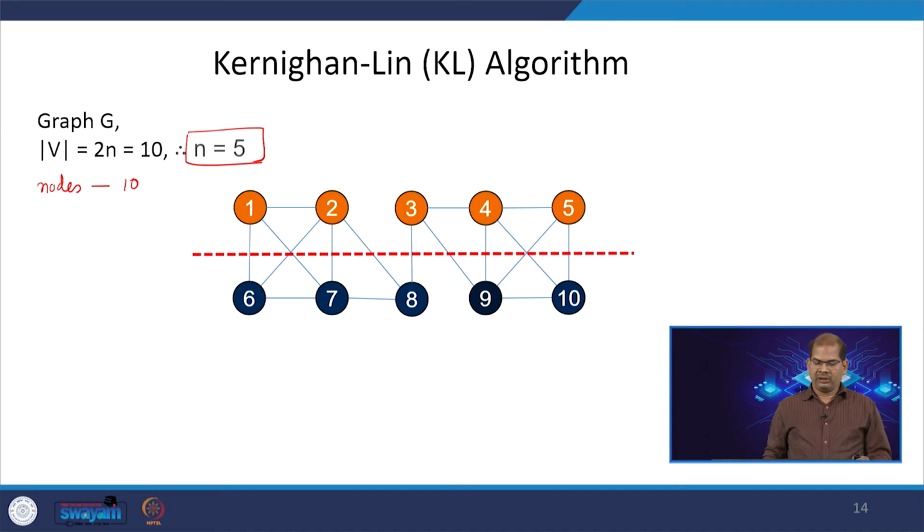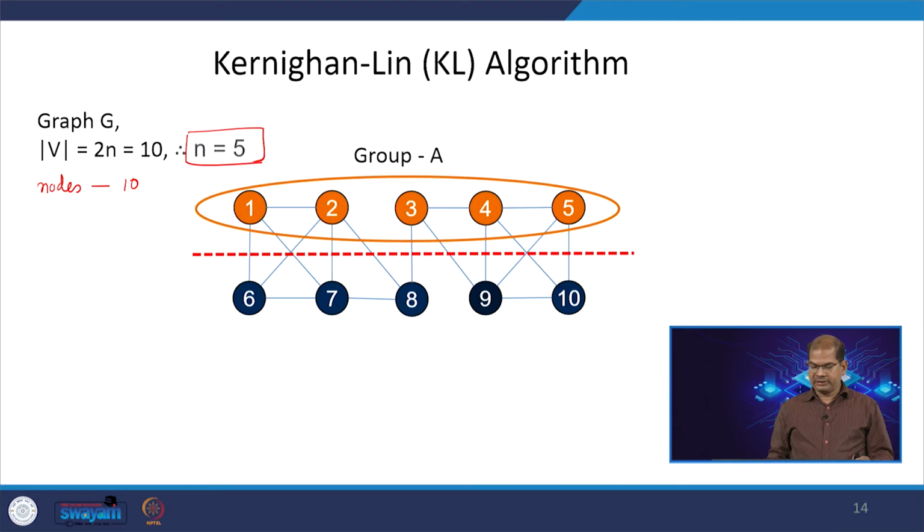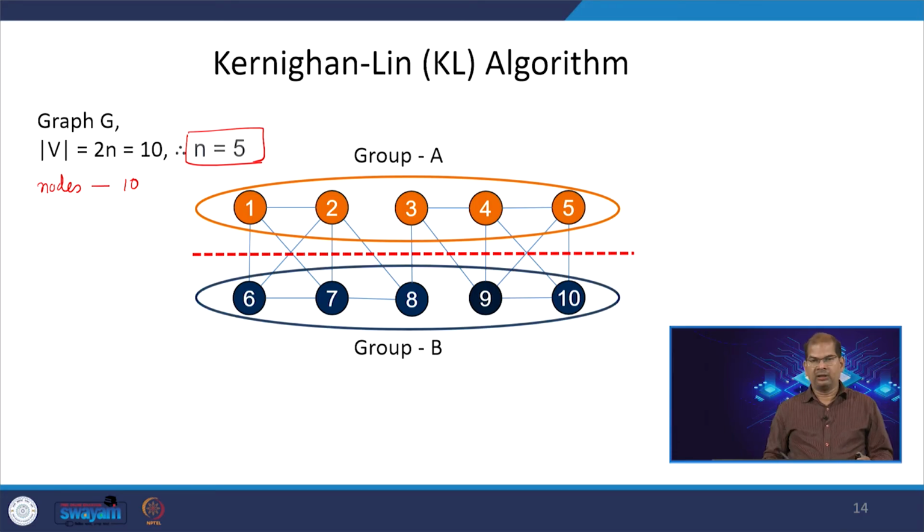Now, this is one initial partition. This upper side is group A and the bottom side is group B.